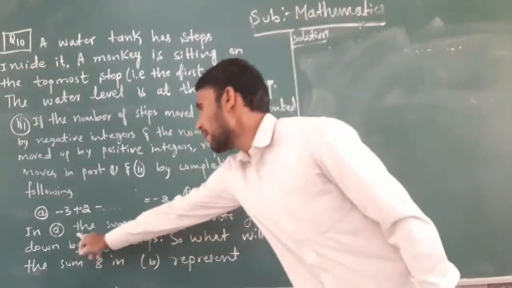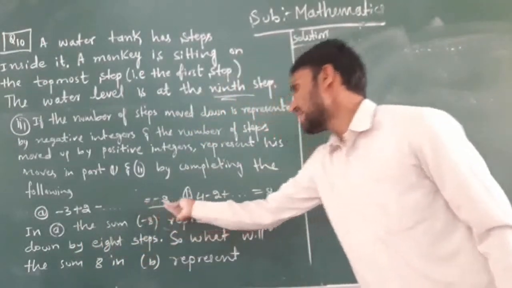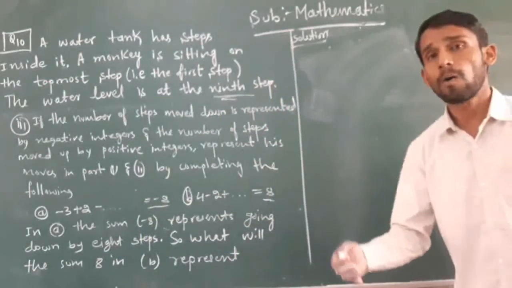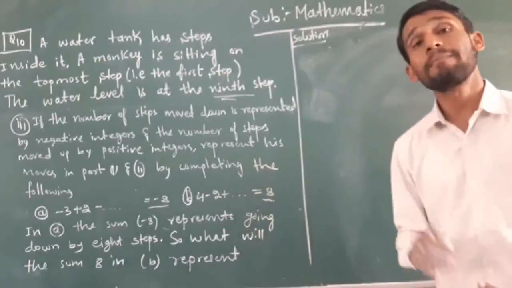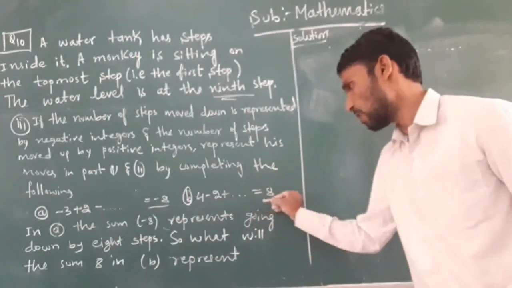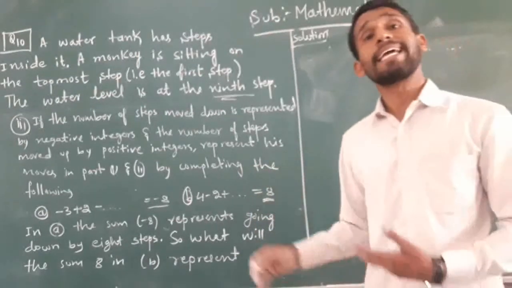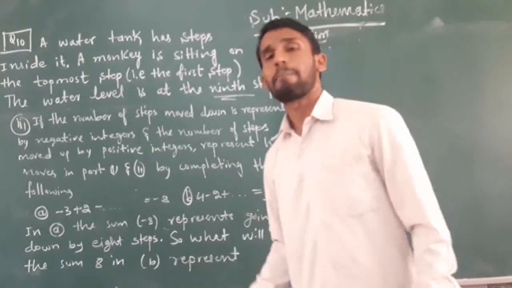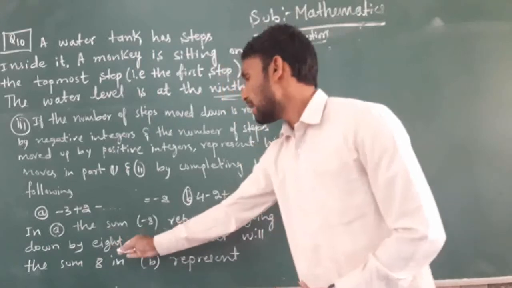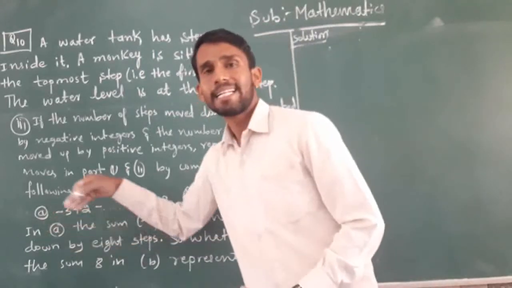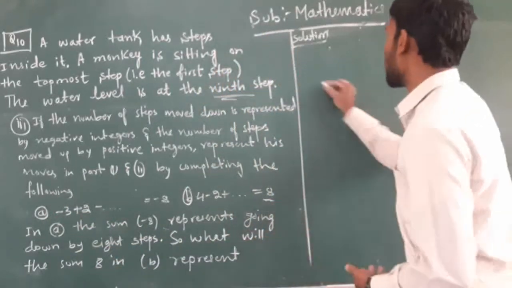See, in A, the sum minus 8 represents going down by 8 steps. So, what will the sum 8 in second B? This side is represented in the B. In B, we have to find out here. See, this is the 8 steps moving downside.